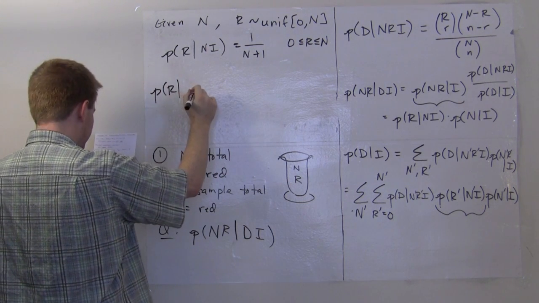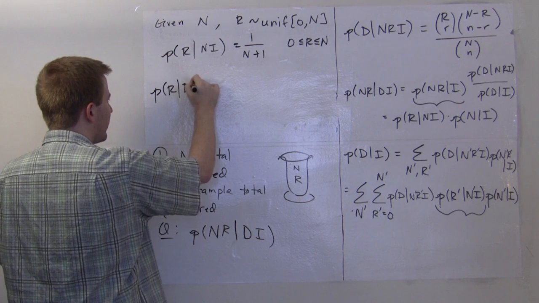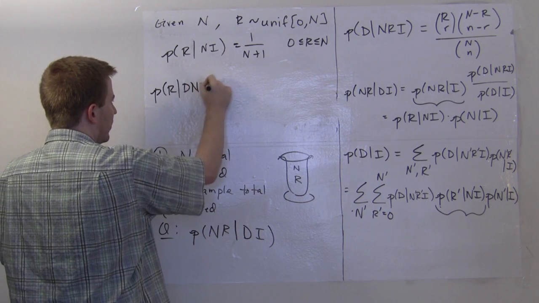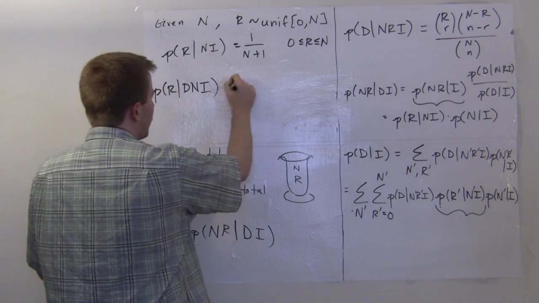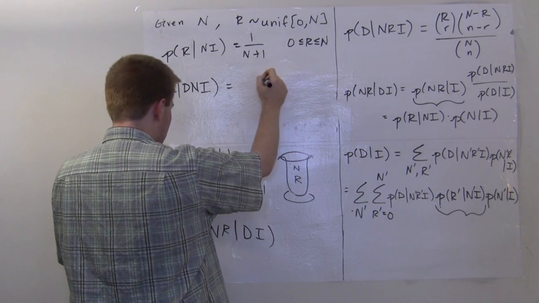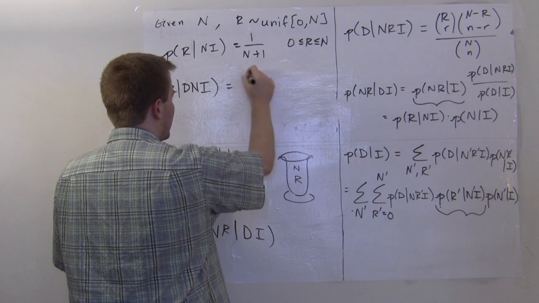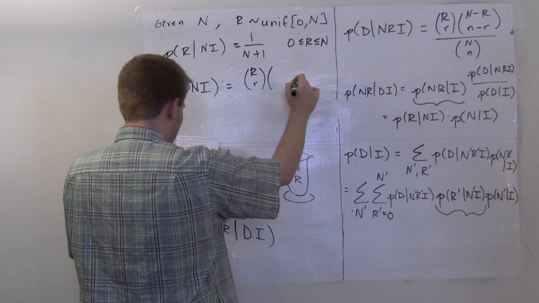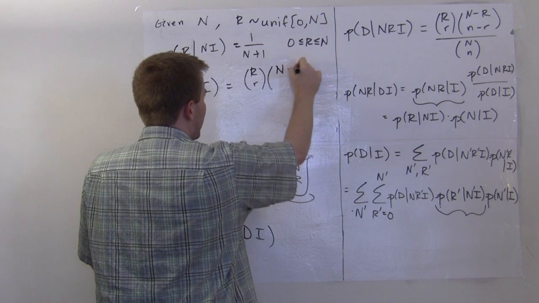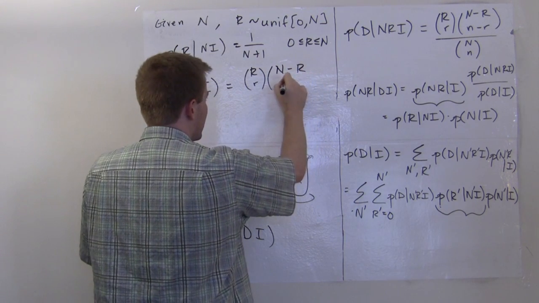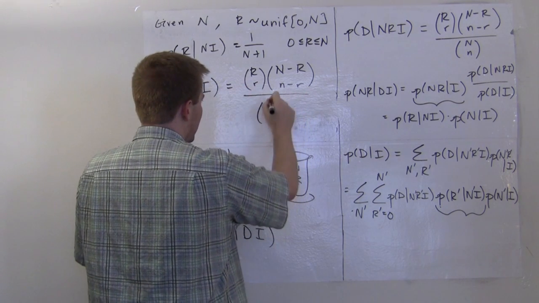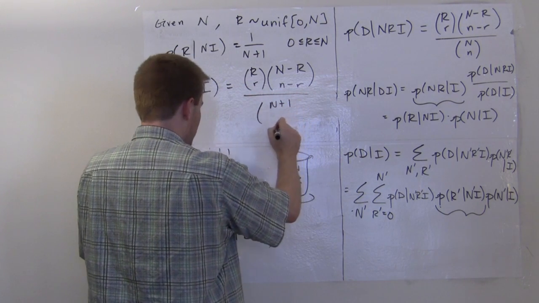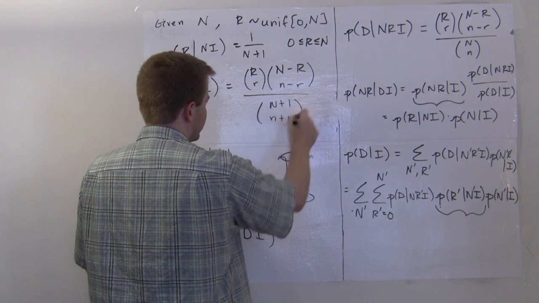Let's write it this way. For R given the data, the known value of n, and all the background information, it basically looks like the hypergeometric distribution. So it's capital R choose little r, capital N minus capital R choose little n minus little r, divided by capital N plus 1 choose little n plus 1.